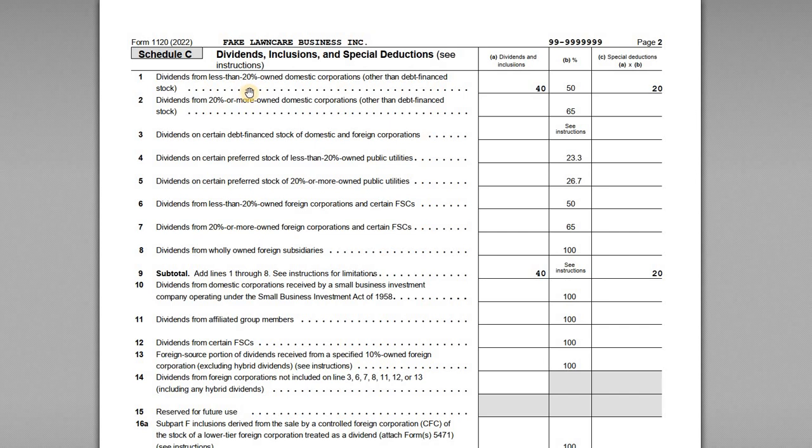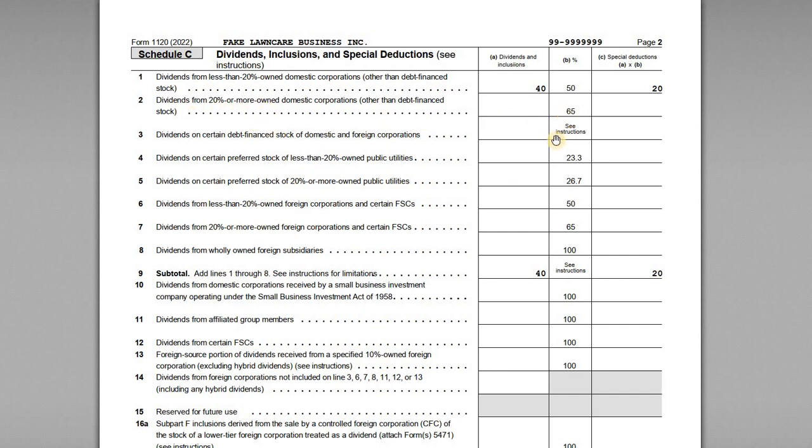Well, he certainly owns less than 20% of Apple, right? He's a nominal shareholder. And so because the amount of stock owned in Apple is under 20%, he reports the dividend amounts up here on line 1, and he gets a dividend received deduction of 50%, so it's going to be $20.